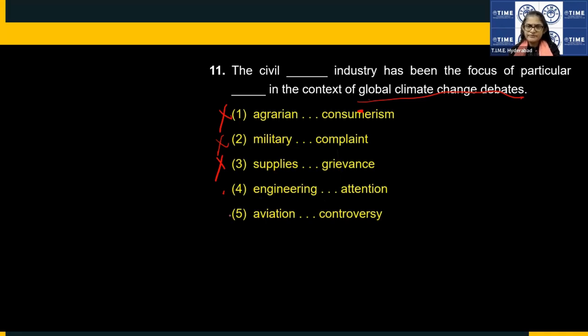No? Let us see. The civil aviation industry has been the focus of particular controversy in the context of global climate change debates. Why? Because of the emissions, carbon emissions, right? Aviation is one of the biggest polluting industries, and that is why they've made this statement. So 11, the answer is 5.